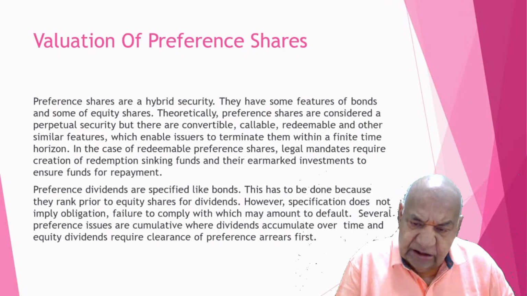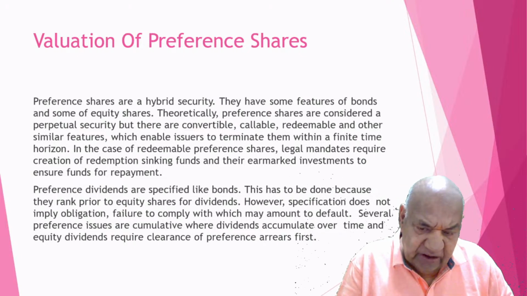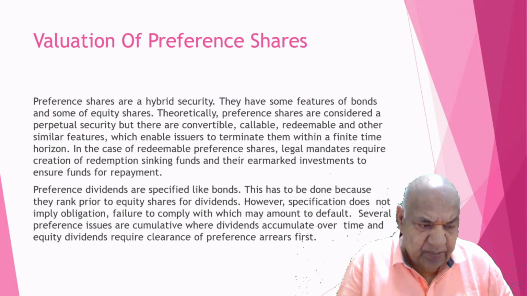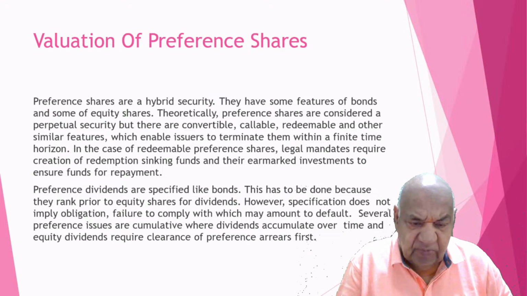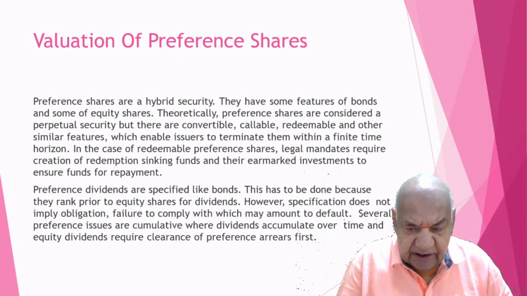However, specification does not imply obligation, though failure to comply may amount to default. Several preference issues are cumulative, where dividends accumulate over time and equity dividends require clearance of preference shares first.